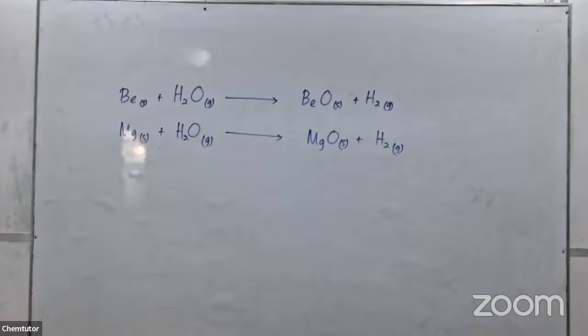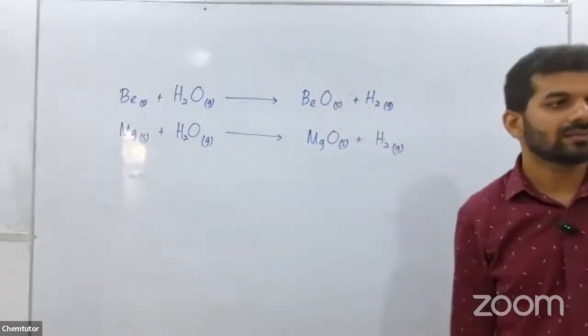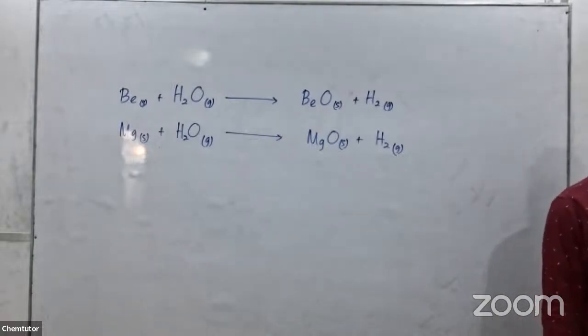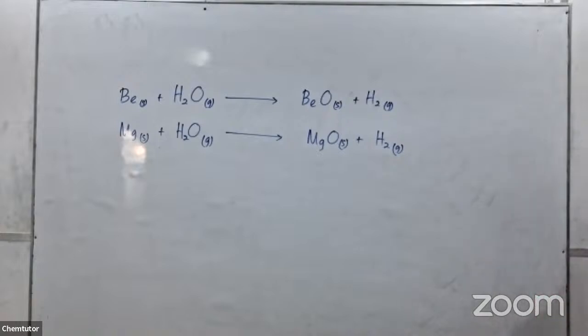So they will produce the relevant metal oxide and release H2 gas. This is the metal oxide and it releases H2 gas. So that is how the group 1 and group 2 metals react with water. Is it clear?